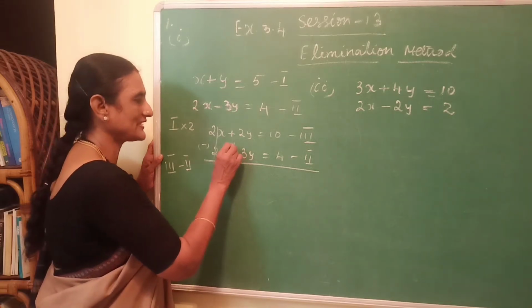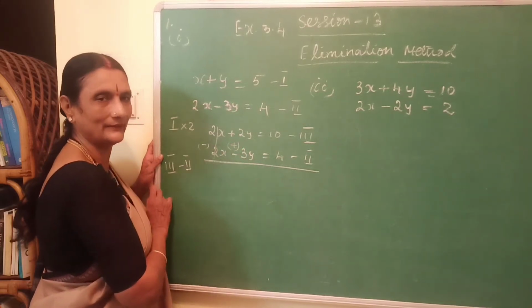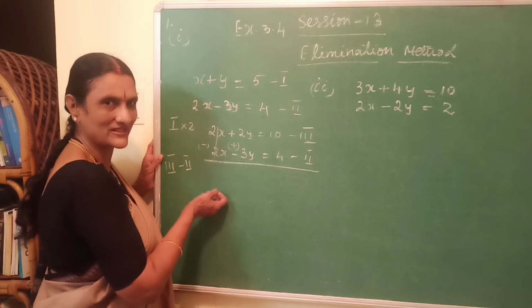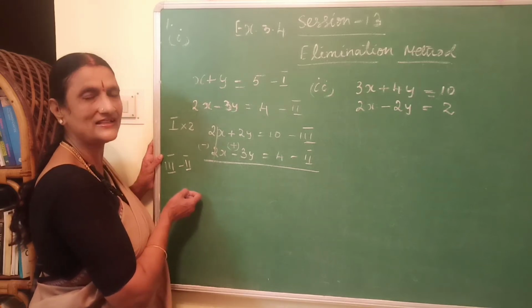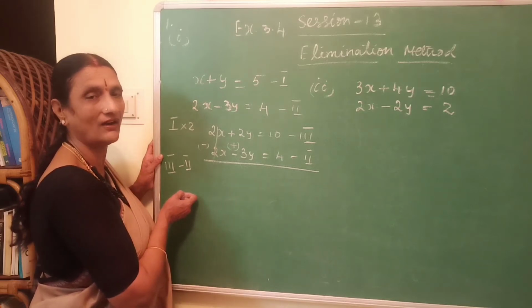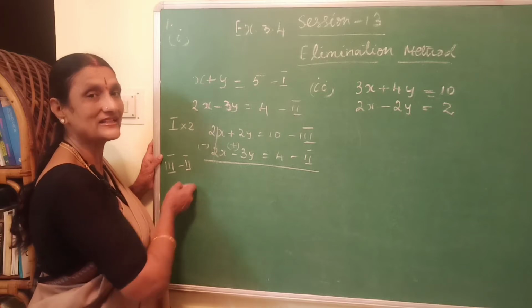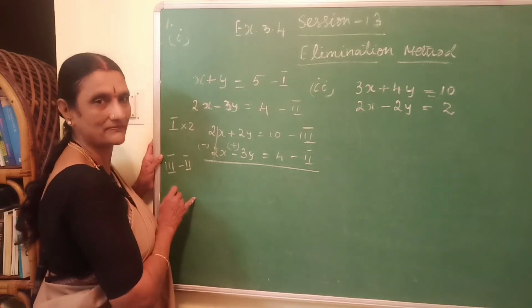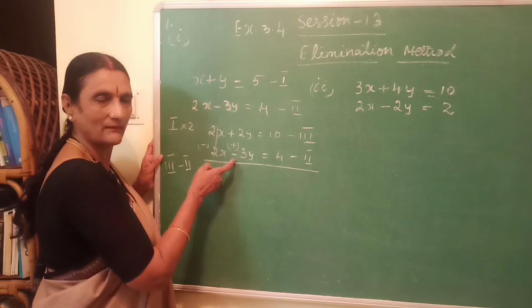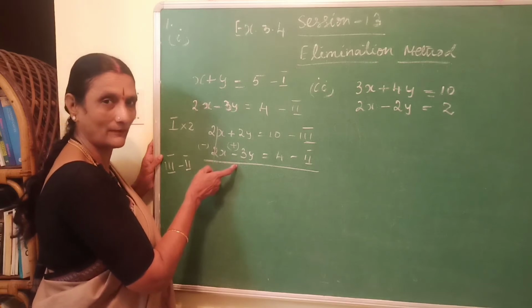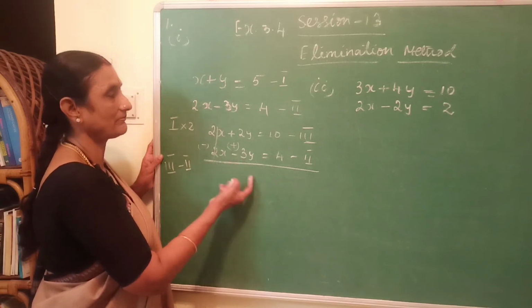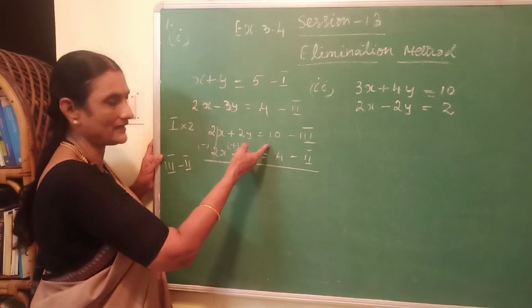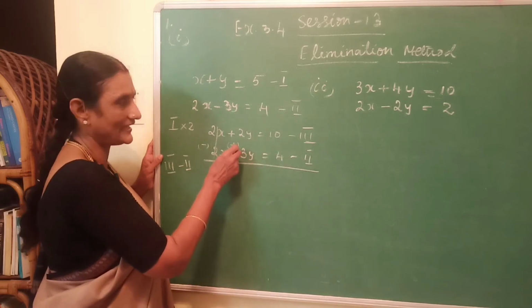In order to subtract two algebraic expressions, we have to change the sign of the polynomial that is being subtracted. This is the polynomial which is going to be subtracted from this polynomial. Therefore, I am changing the sign of this.